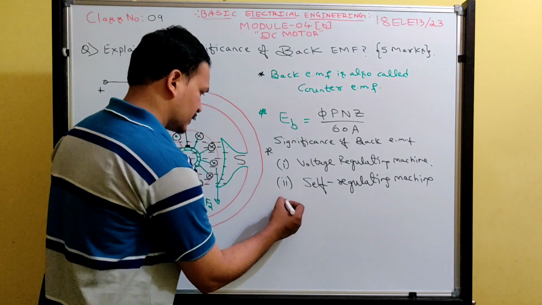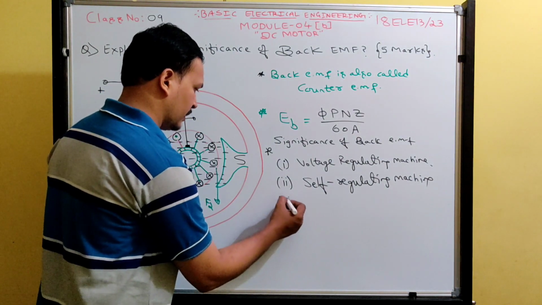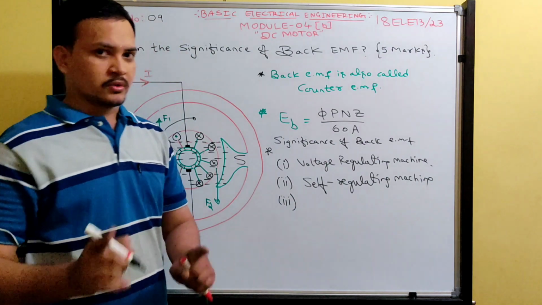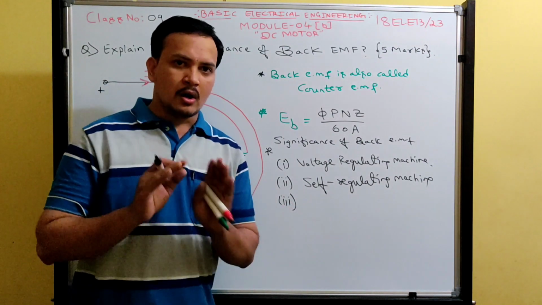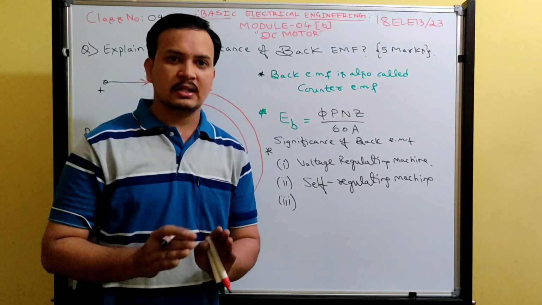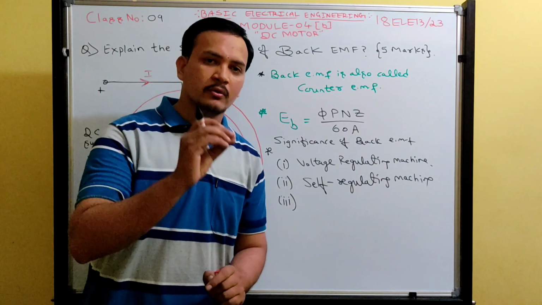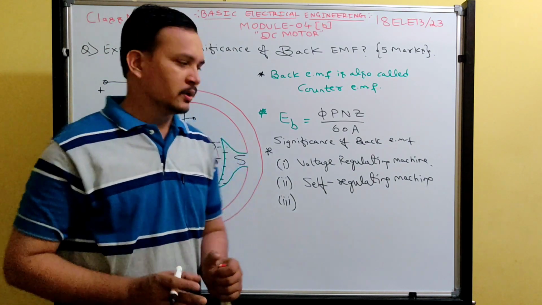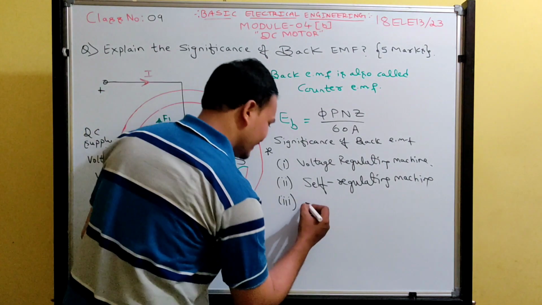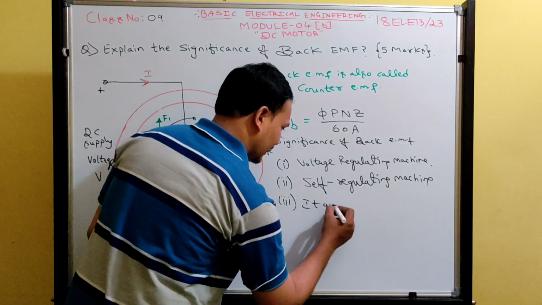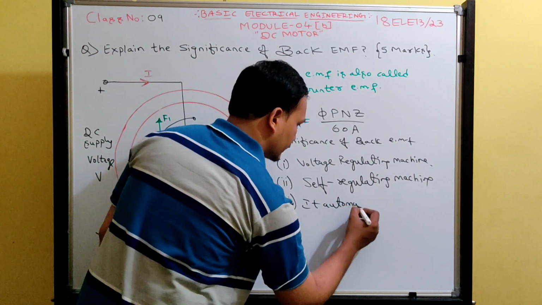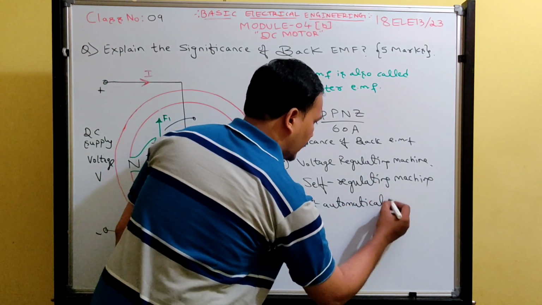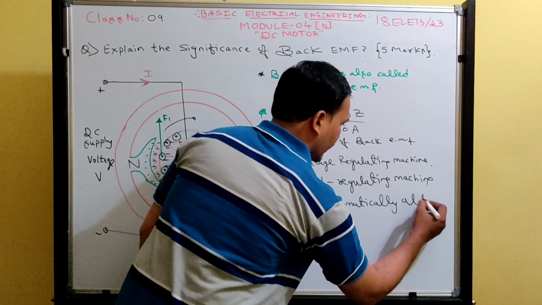Next is point number 3. You should write: it automatically alters the armature current to meet the load torque requirement. Got it?